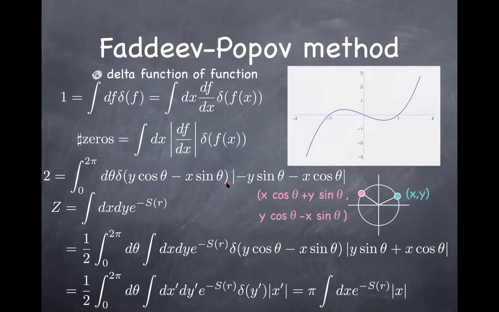So the moral of this is, by using this kind of identity, by paying careful attention to the change of variable so that we can make sense of the delta function of a function, your integral can be split in such a way that you have an integral over a chosen gauge slice times a volume that corresponds to the symmetry transformation you can perform on your system.